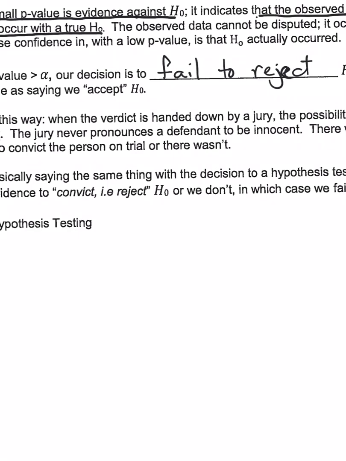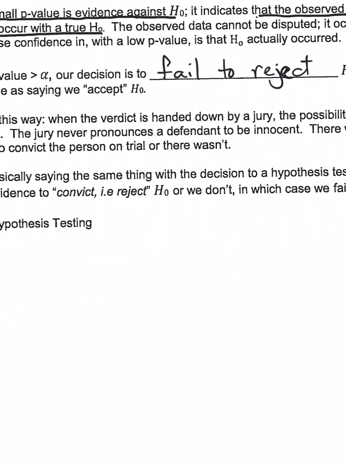All right. Think of it this way. When the verdict is handed down, and this is a great one to think about, in our legal system, you are innocent until proven guilty. Now, we do not actually say you're innocent, do we? We just say not guilty. Is there a reason for that? We can't prove you're innocent. Innocent means something very different than not guilty.